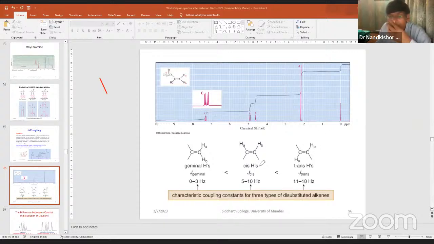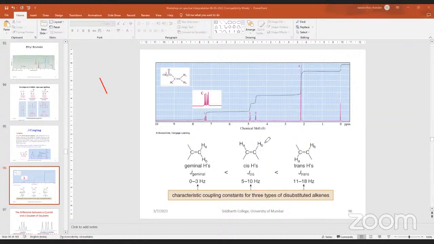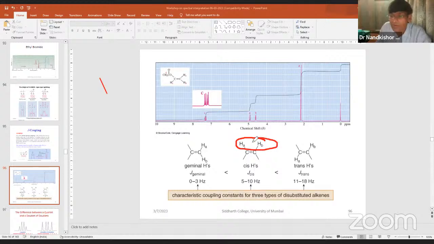If the coupling constant is lower, like 5 to 10, it is considered to be a cis type of coupling. And if the coupling constant is very, very low, like 0 to 3, then it may be a geminal type of proton. So there are vicinal, geminal, and trans protons. Each one has a fixed value.